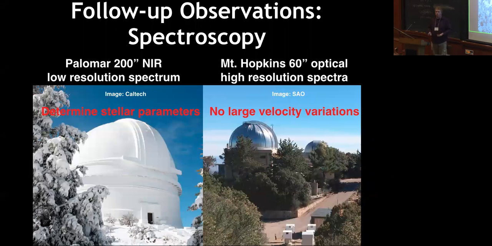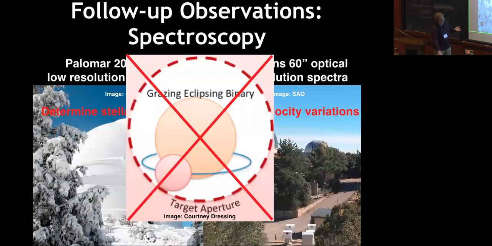But what we were able to do is see if the star was moving by a lot, which would indicate that instead of a planet candidate, one of these signals might be caused by an eclipsing binary. In particular, that the star was being transited by another star, which would cause these very large radial velocity variations. So based on the combination of these two follow-up observations, we were able to very conclusively rule out the possibility that this signal, or one of the signals, was caused by an eclipsing binary.